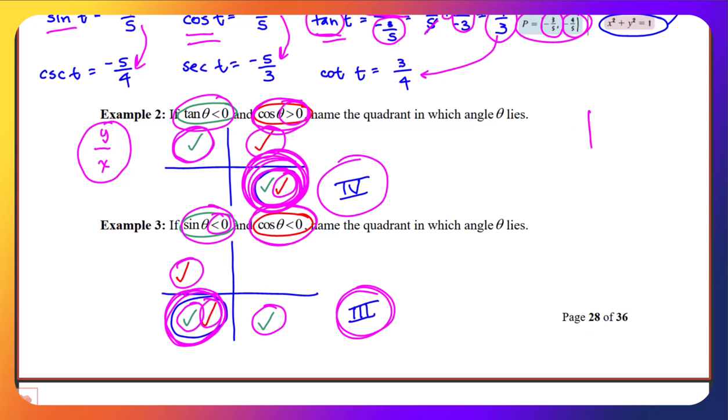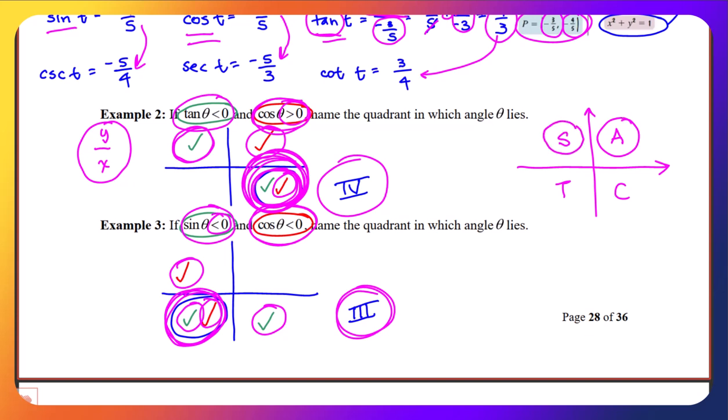Now, there's this ditty that some teachers teach: all students take classes. So here, all, that's where all functions, sine, cosine, and tangent, and their reciprocals are positive.